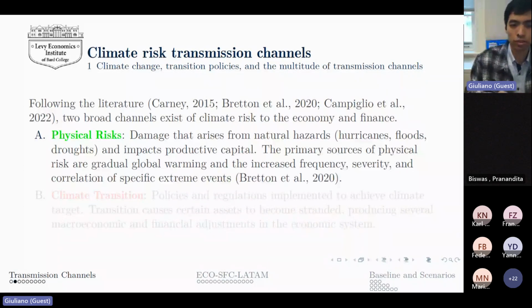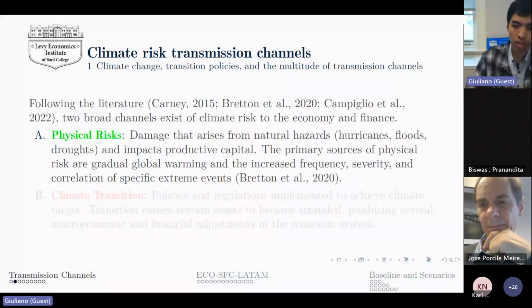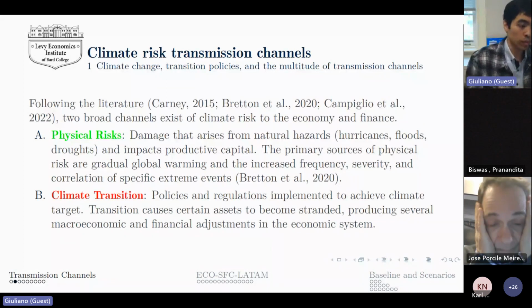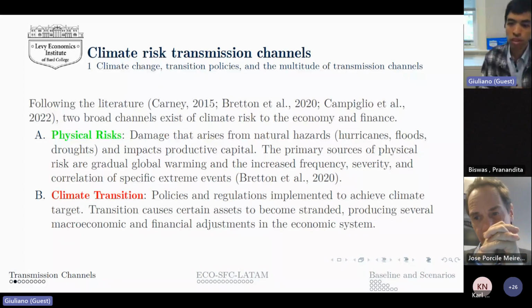That is the physical transmission channel, which is mostly the damage that arises from natural hazards and will mostly impact productive assets, and also the challenge arising from the climate transition policies.